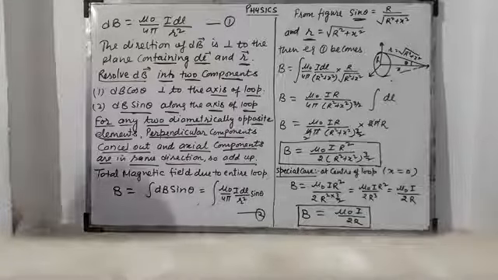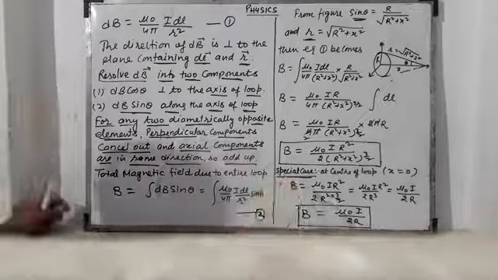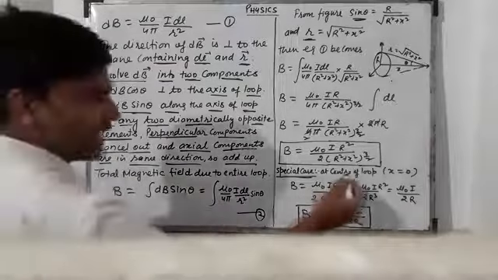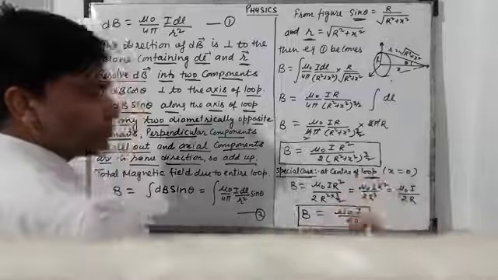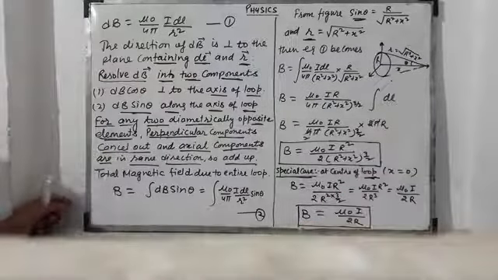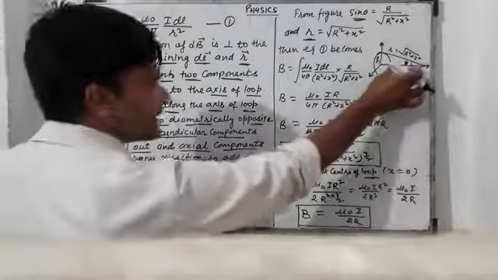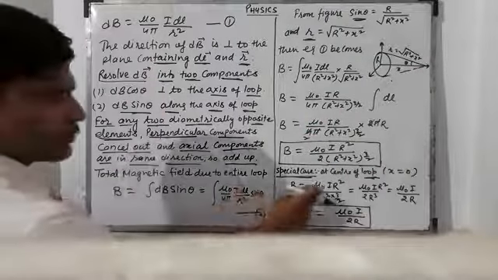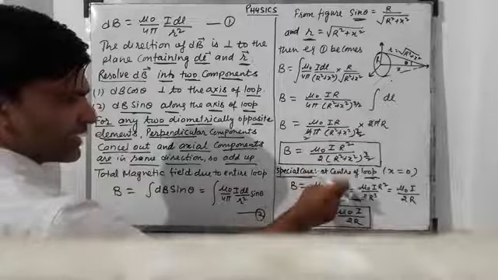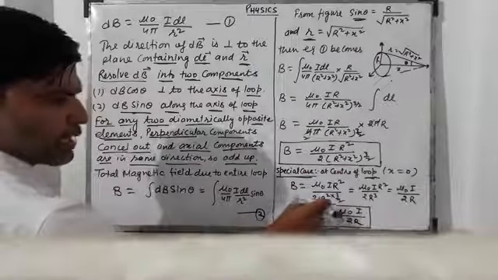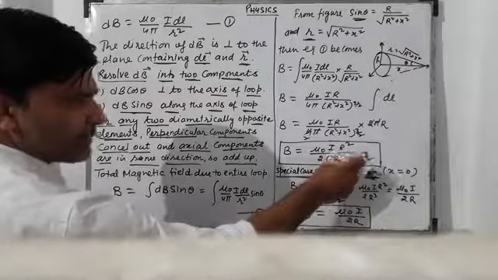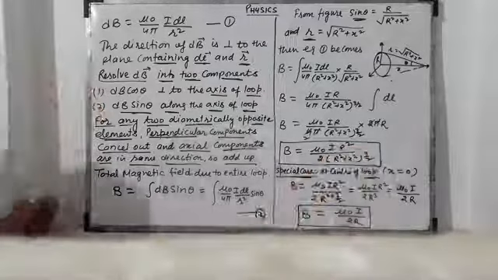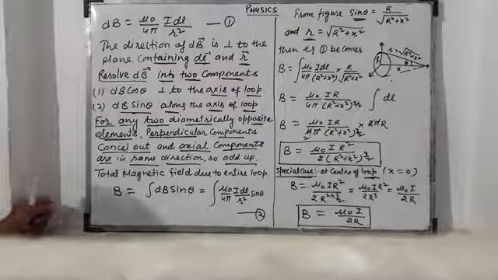Now the special case: magnetic field at the center of the circular loop. At the center of the circular loop, this distance x is 0. So B is equal to mu naught I R square upon 2 times R square to the power 3 by 2. X square is neglected.